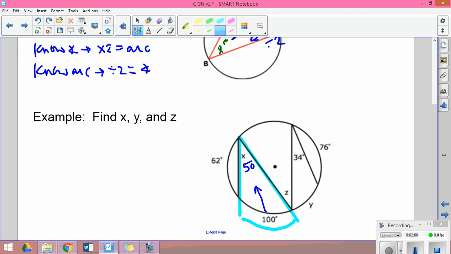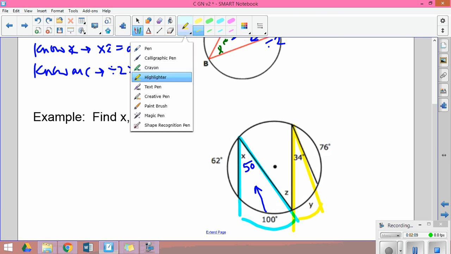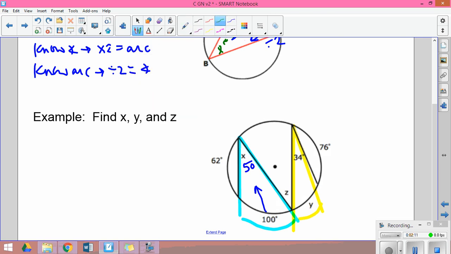If I move around to this arc and its corresponding angle, when I move from the angle out to the arc, I multiply by 2. So y is 68 degrees.